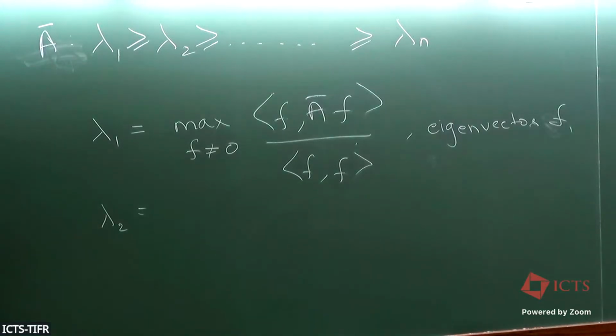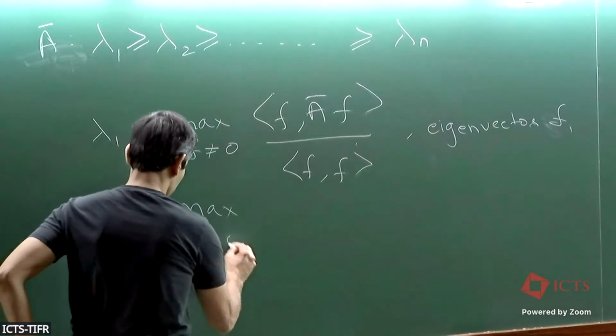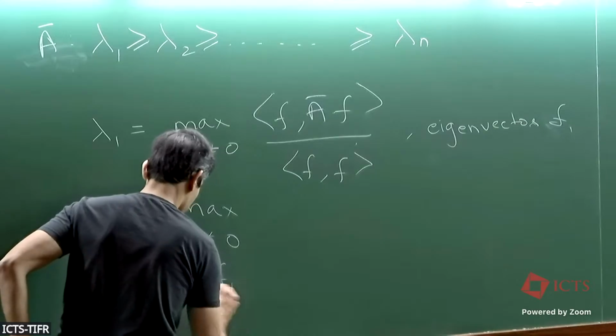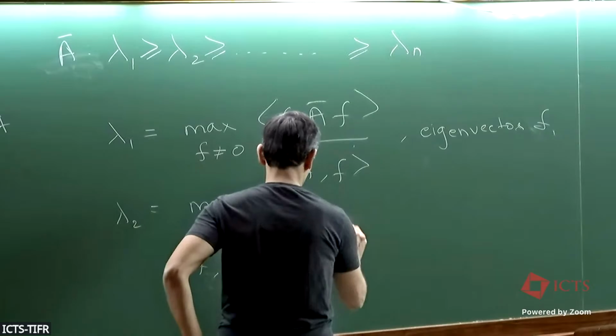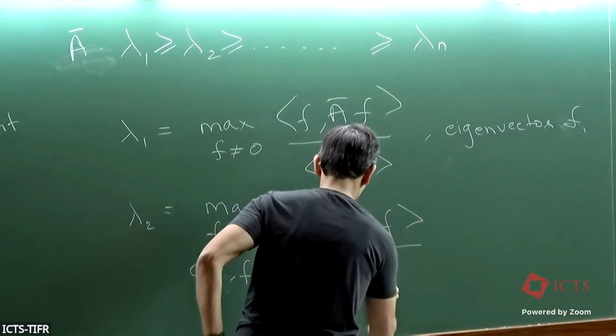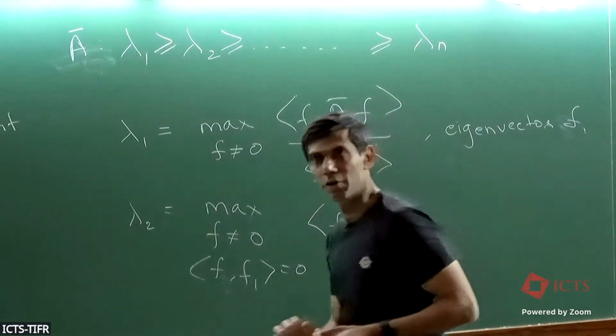We found the maximum, now we want to just look at the rest of the space, the directions orthogonal to it, and so on.